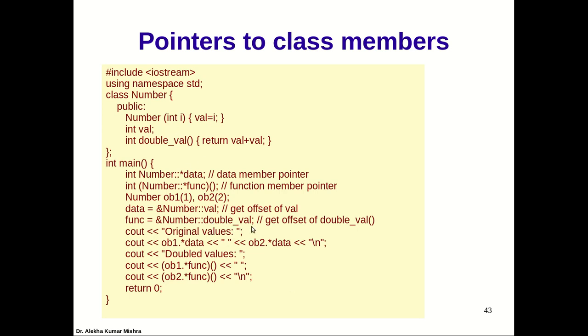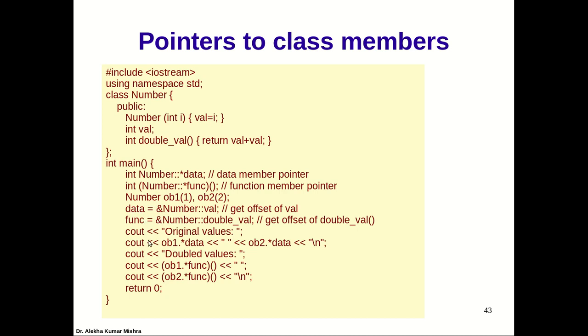We are linking it. Then we can access the data member val and double val via data and func, because they are also offsets.